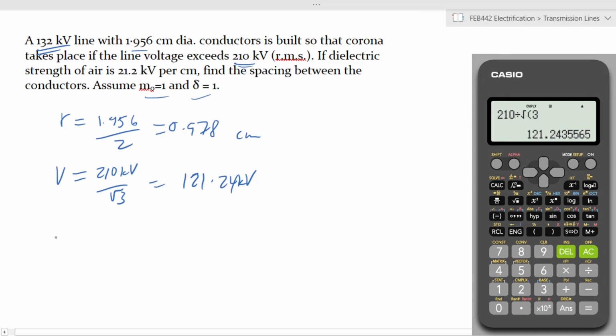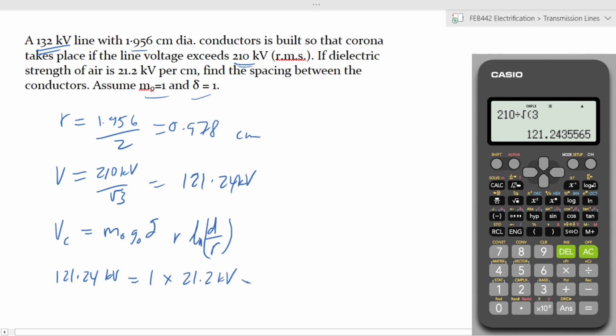And now we want to have our VC. So VC is equal to M0 G0 delta R ln D over R. So we know VC, 121.24 kV, is equal to M0, we've been told to assume 1, G0 is 21.2 kV, delta as a density we've assumed 1, times radius we've been given 0.978, times ln D over R. D is what we are looking for.